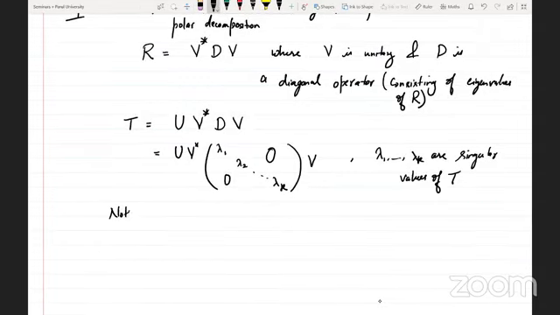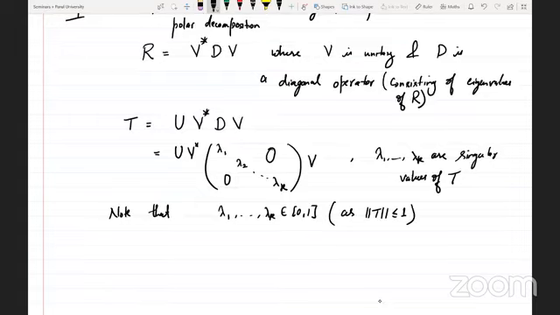Note that lambda 1 up to lambda k belong to this set, because norm T is less than or equal to 1, so it cannot go beyond 1.